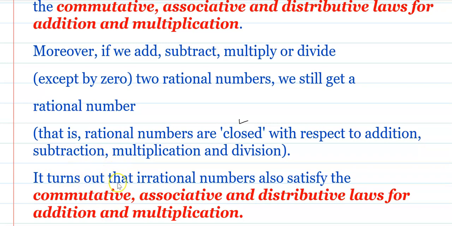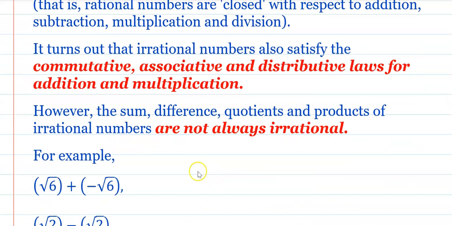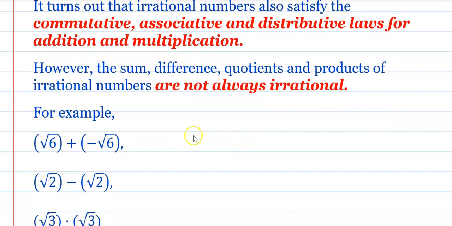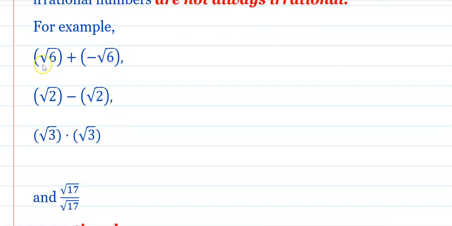It turns out that irrational numbers also satisfy the commutative, associative and distributive laws for addition and multiplication. However, the sum, difference, quotient and products of irrational numbers are not always irrational. For example, root x plus (minus root x) gives 0.